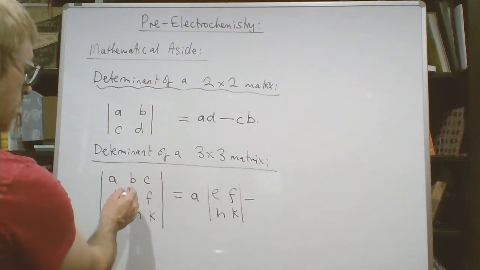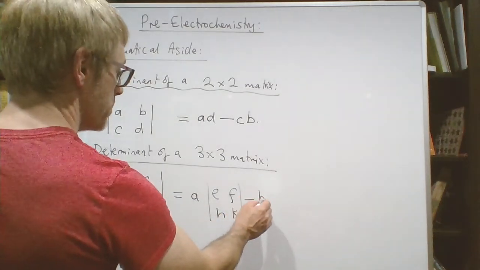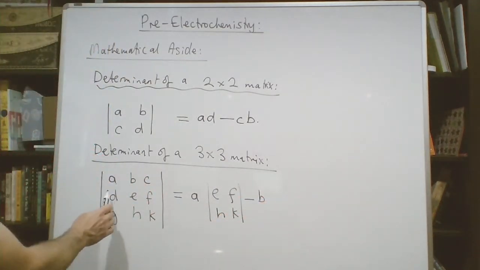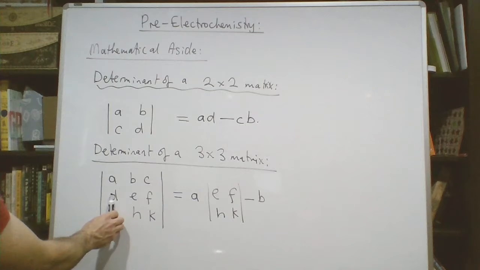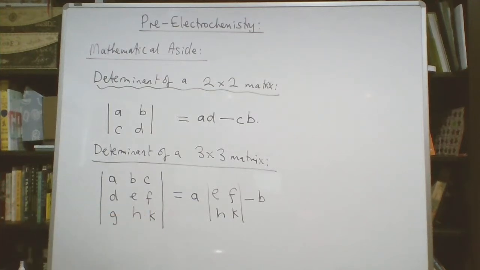I go on to the next column, B, and now take the outermost members of column 1 and column 3.